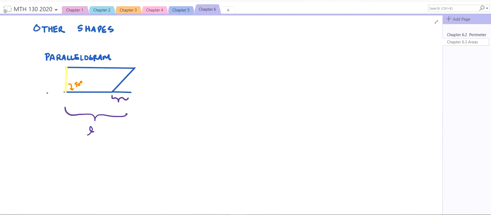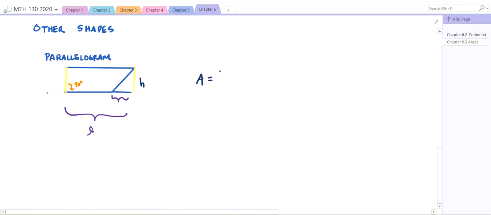But now you see that I have kind of constructed a rectangle. So this height here, the perpendicular distance between the two lines, and the length we can use to figure out the area of this parallelogram.